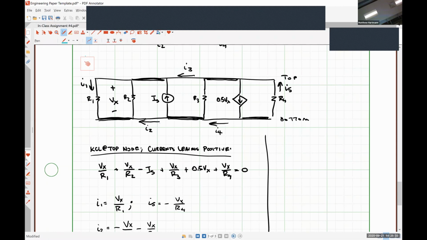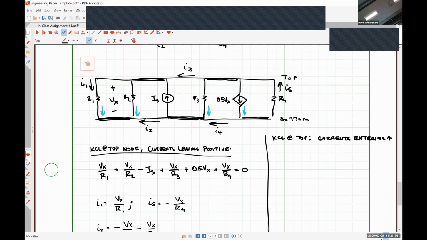If we chose them all down again, so that the current through each individual resistor is flowing into the positive polarity terminal of Vx, just exactly like what we did earlier, but now we chose to do KCL at the top, currents entering have a positive sign.